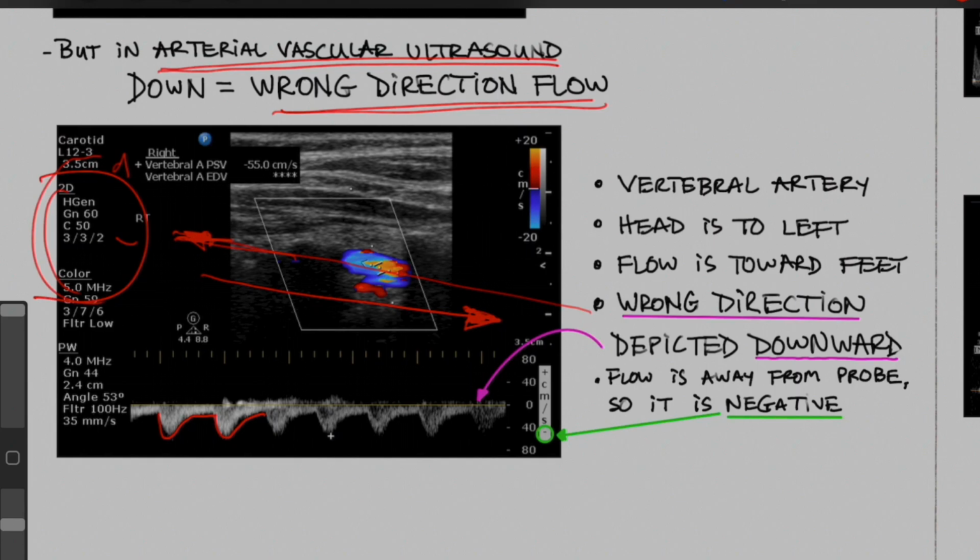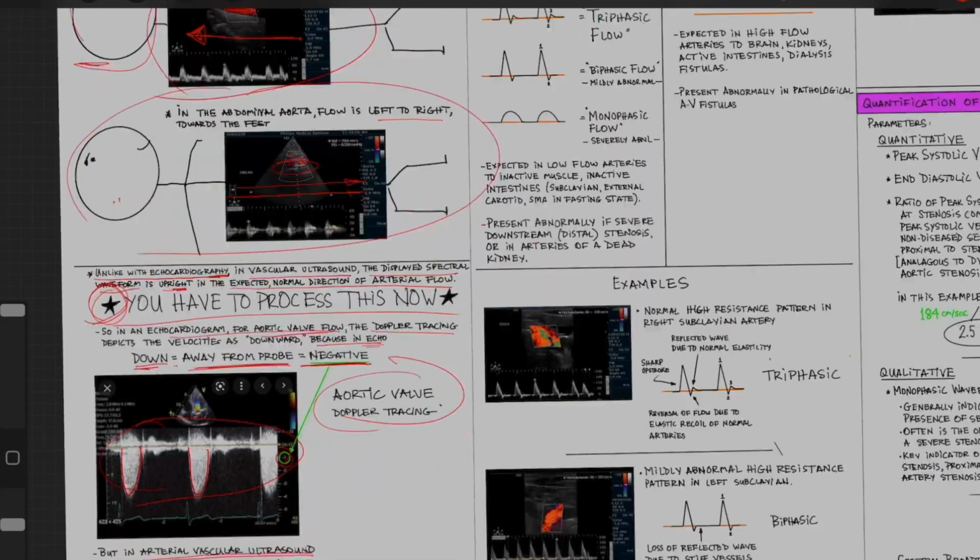And the flow is away from the probe too, because the probe's up here and you can see this is the trajectory of the ultrasound waves like that. So the flow is actually away from the probe. In echo land that would be depicted as negative. But in vascular land it's also depicted as negative because it's in the wrong direction. And then because it's away from the probe, it's negative over here on the scale. Minus. But wait, there's more.